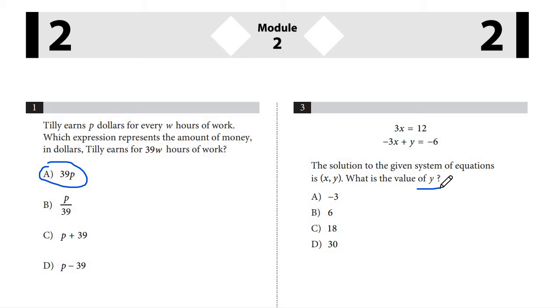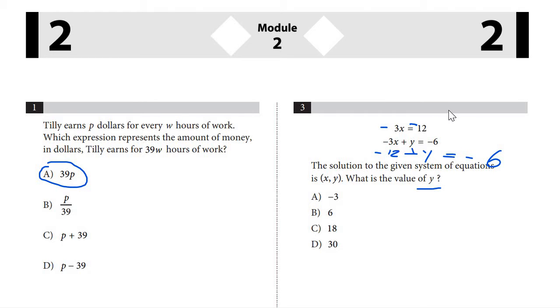What's the value of y? Well, if we're looking for y, then we want to get rid of x. How do we get rid of x in the bottom equation? Well, we use the top equation. If we put a minus sign on either side, negative 3x is negative 12. That means the negative 3x can be replaced by negative 12 plus y is equal to negative 6.